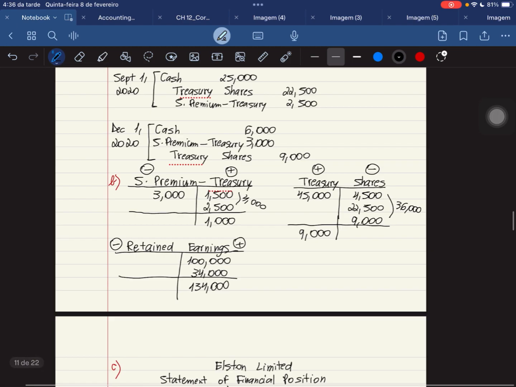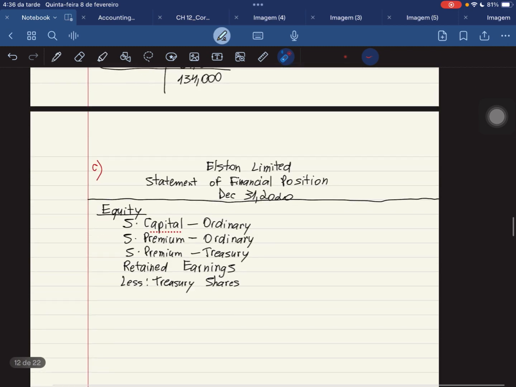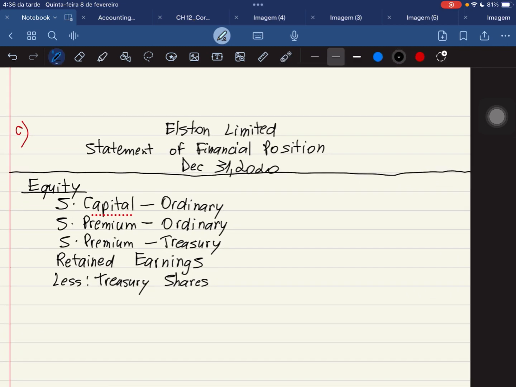So for the share capital ordinary, that is the value that they gave us originally, 400,000, and then share premium ordinary 200,000, right? So over here, the first number always is after the money sign. So you can put 400,000 and then 200,000.